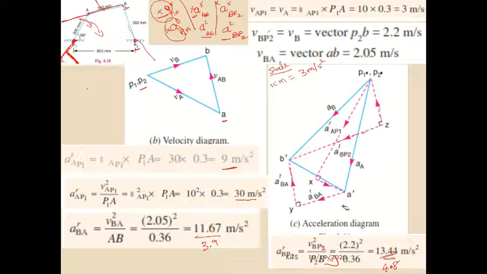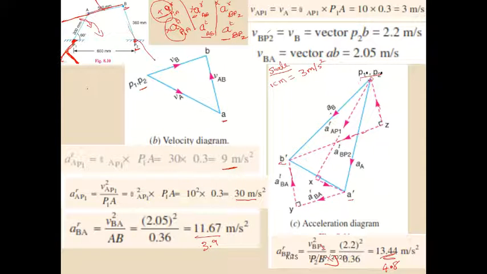Now join A, B and P1, P2. See, now join. I have a point A dash here, a point B dash here, and P1, P2 here. So join these points. Okay. The radial line and tangential line, you have to draw in dotted lines.